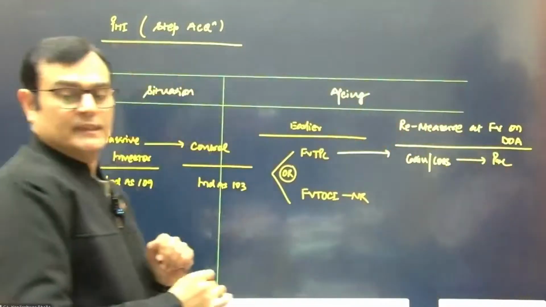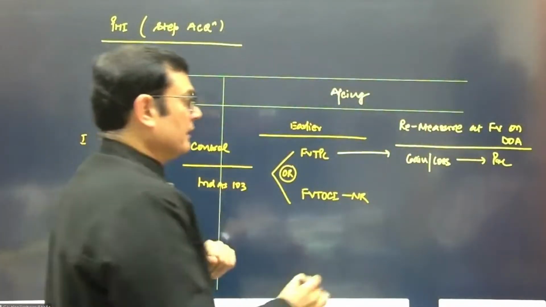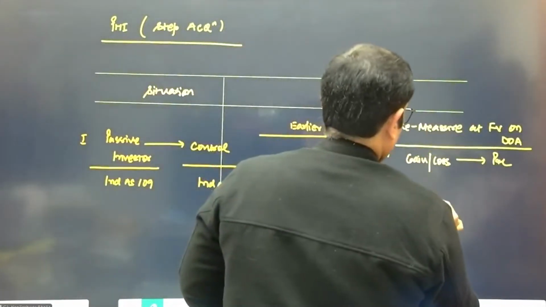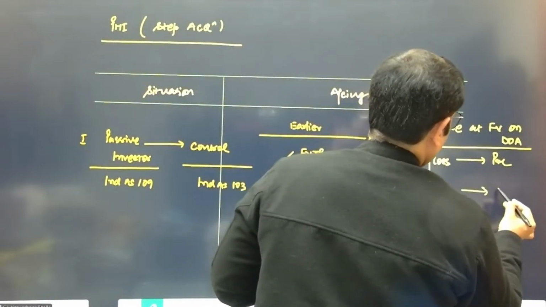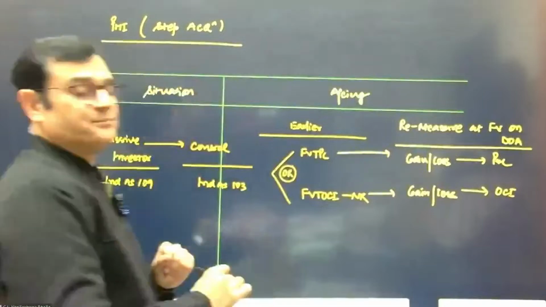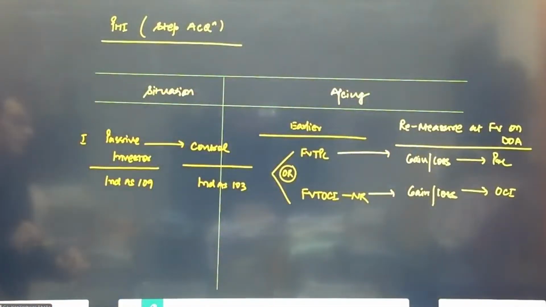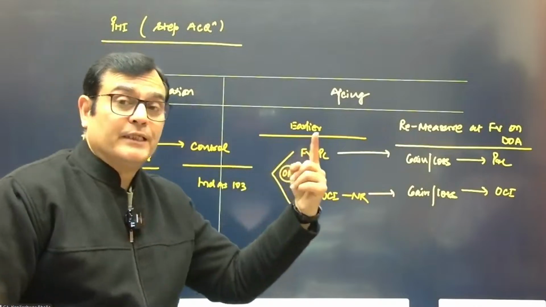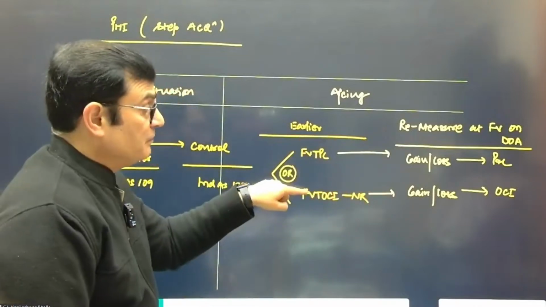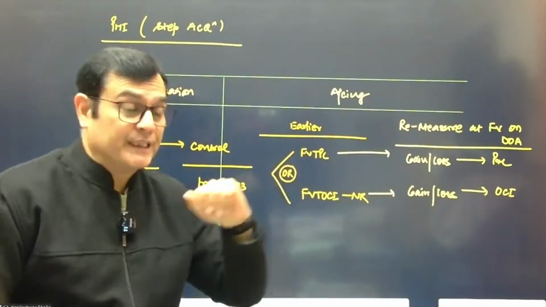Simple. In the other case, the gain or loss is going to be transferred to other comprehensive income. So it all depends upon where you were. If you were under FVTPL, the gain or loss goes in the P&L. If it was FVTOCI, the gain or loss goes in the OCI.